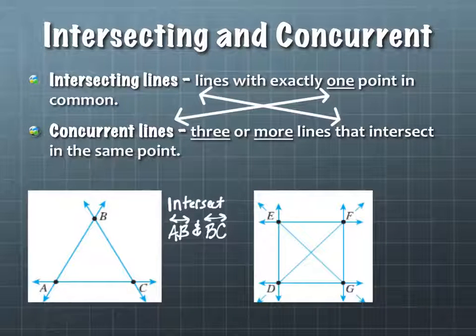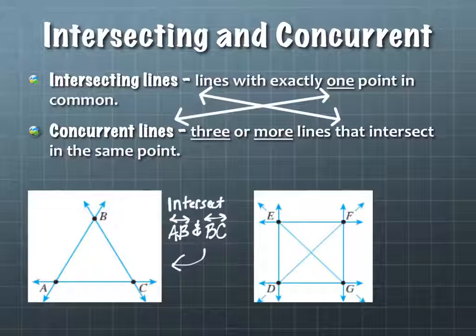So those would be two intersecting lines in the first diagram. Do we have intersecting lines in the second diagram? Yeah, lots of intersecting lines. We could write, we don't have A and B, sorry, EF. Tell me a line that EF intersects with. FG, and they intersect at point F, right? Yeah, so we could call it like that.